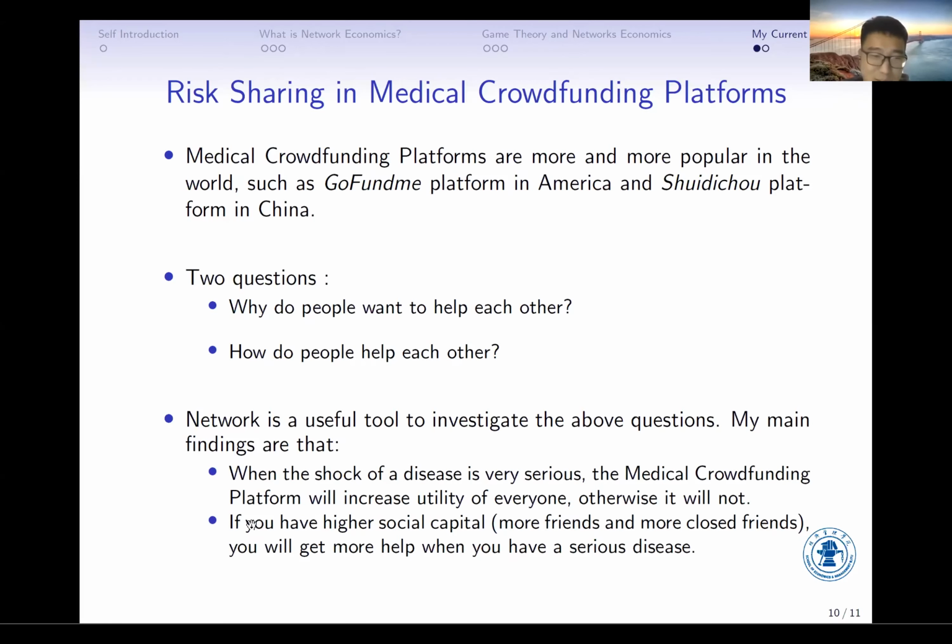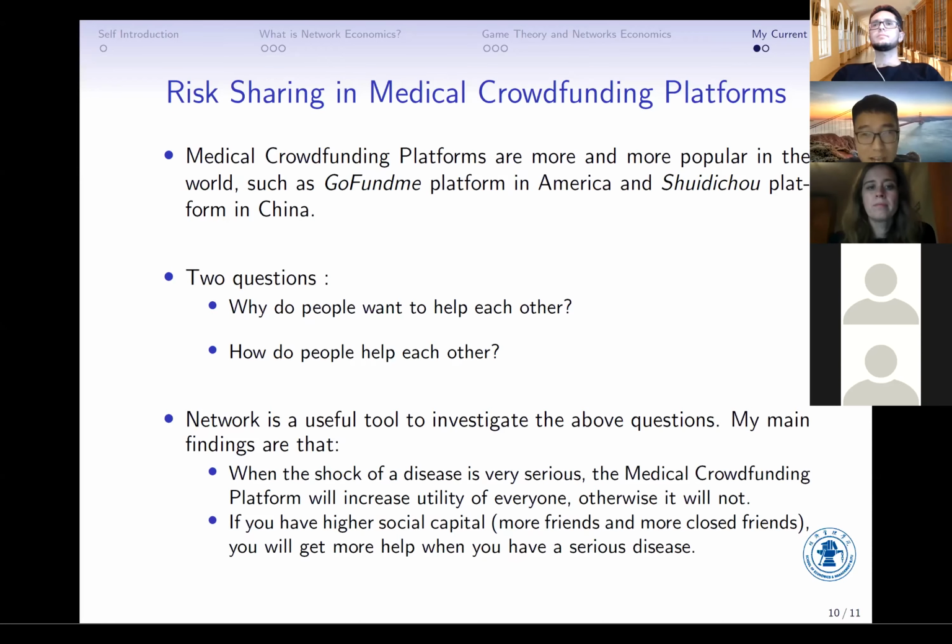And my second finding is that if you have a higher social capital, for example, you have more friends and more close friends, you will get more help when you have a serious disease. And good news is that my conclusion accords with the reality.